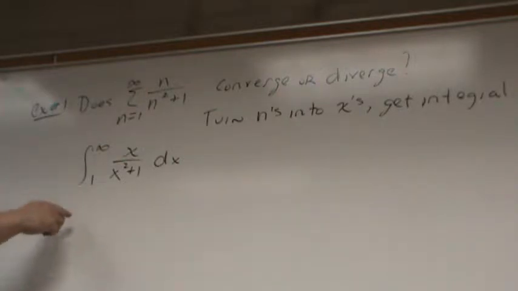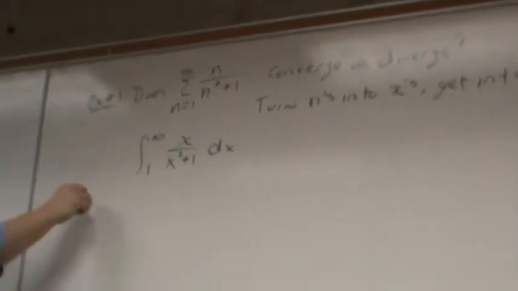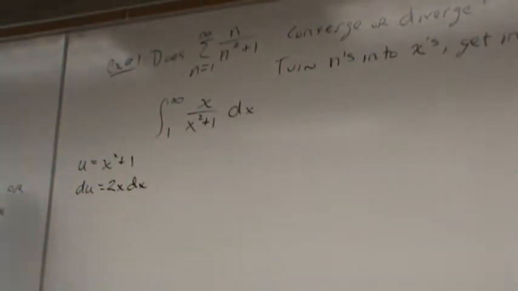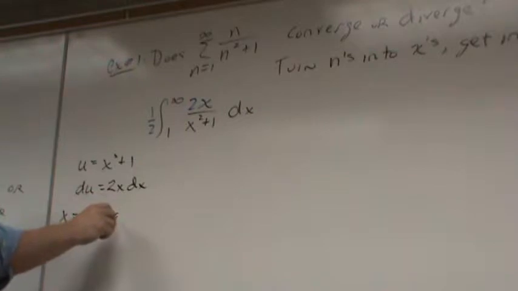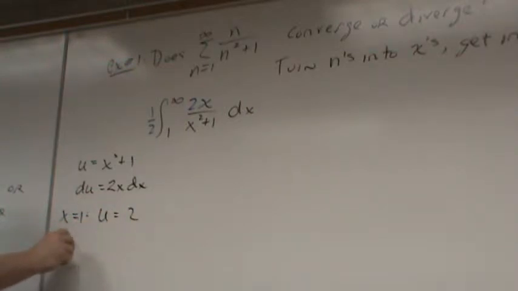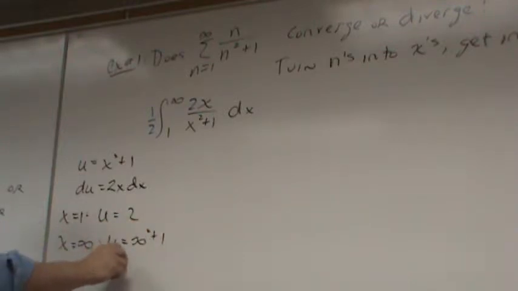Now to do this integral, I'm going to have to do u substitution. u equals x squared plus 1, du equals 2x dx. So I'm going to have to sprout a 2 here and a 1/2 out there. And I'm going to do a change of bounds. When x equals 1, u is equal to 2, and when x equals infinity, u is infinity.